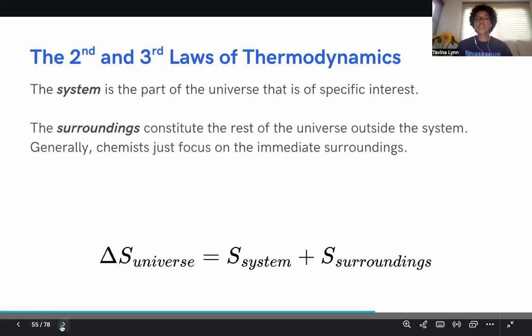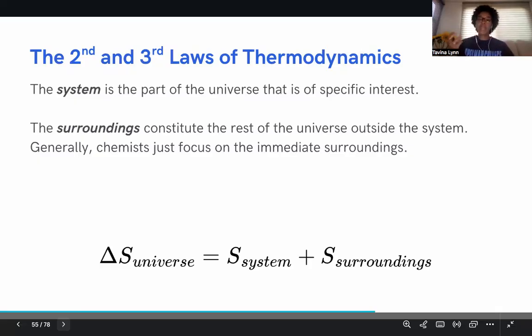The surroundings is the rest of the universe outside of the system, but we usually, as chemists, only focus on the immediate surroundings because trying to take into account all of the surroundings is, I don't like using the word impossible, but it's much more manageable in an experimental context to focus on the immediate surroundings, right?